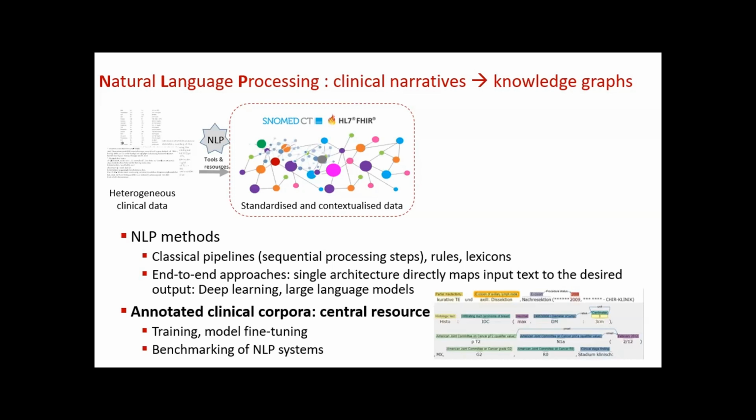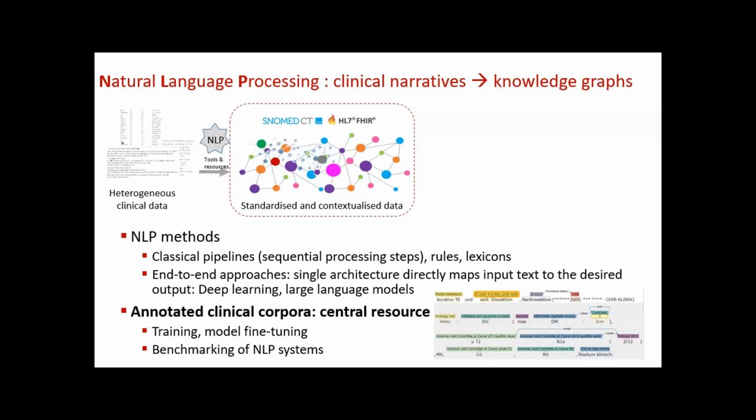And these classical pipelines depend heavily on rules and lexicons. And as everybody knows, these are getting not really substituted, but paralleled and partly outsmarted perhaps by so-called end-to-end approaches, in which a single architecture directly maps input text to the desired output.